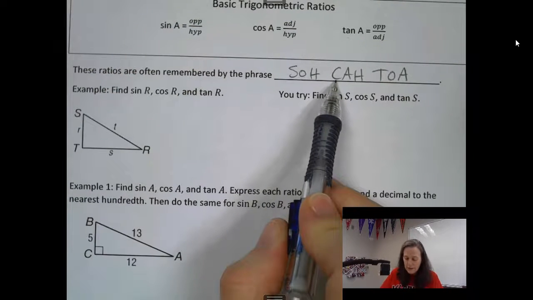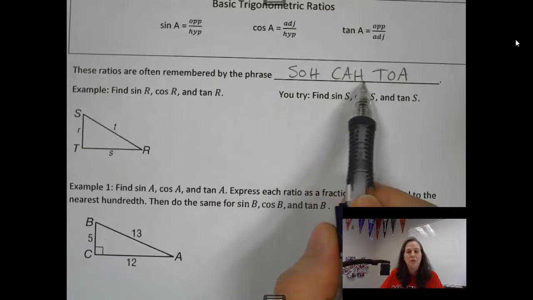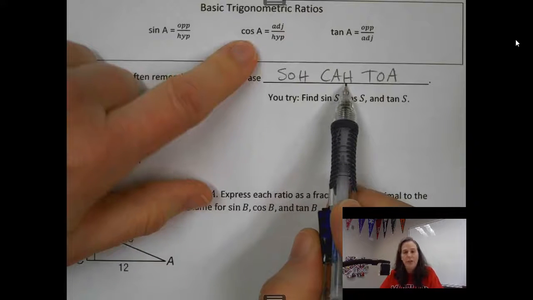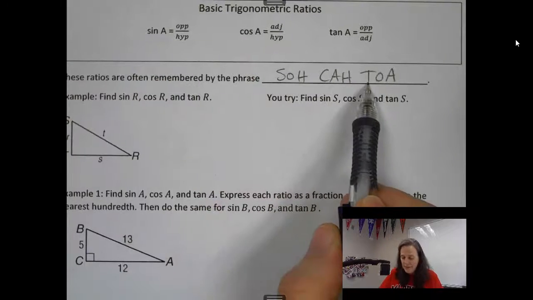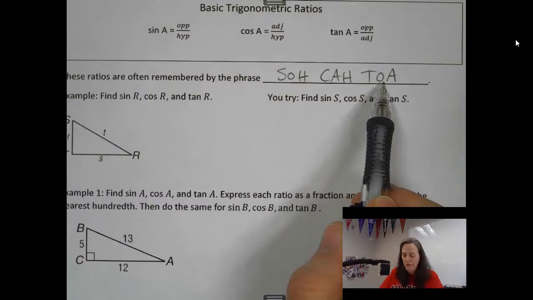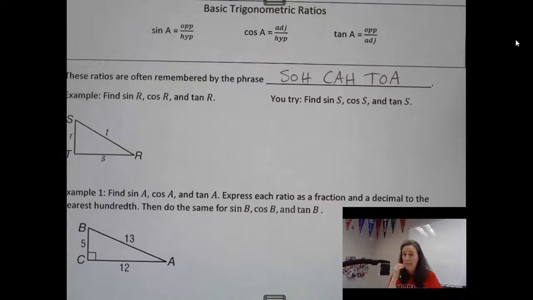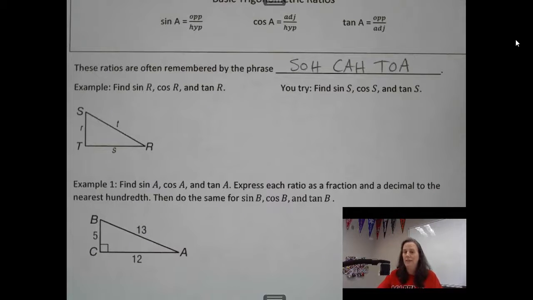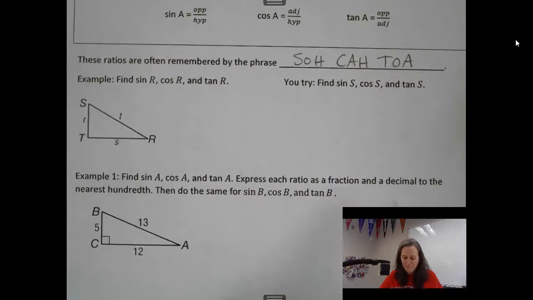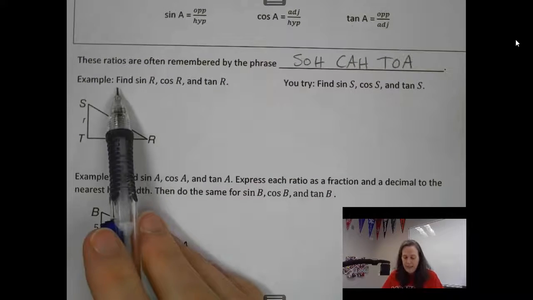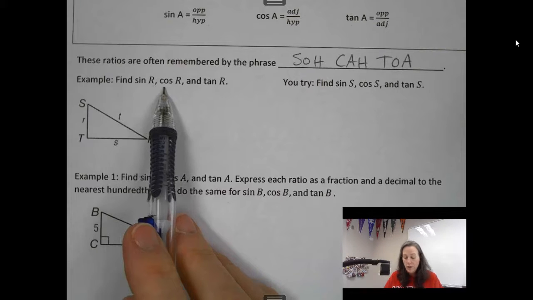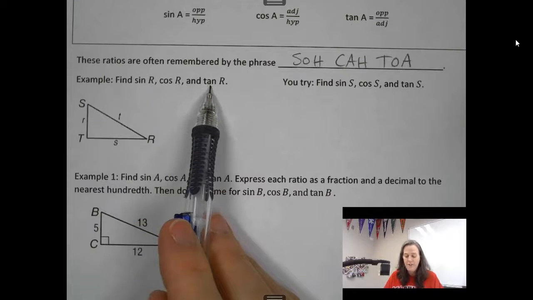And this one says cosine is adjacent over hypotenuse. That was this ratio here. And then tangent is opposite over adjacent. So this has pulled me out of many a tight space when I was taking a test in college to try to remember SOHCAHTOA.